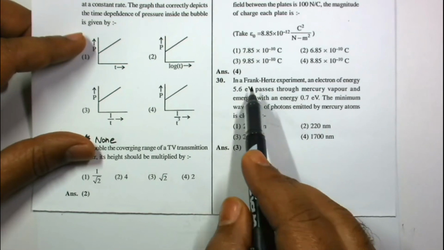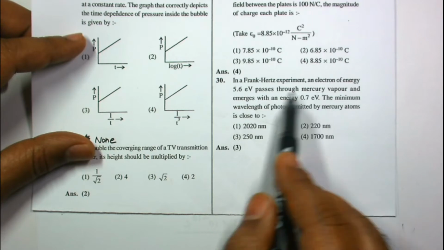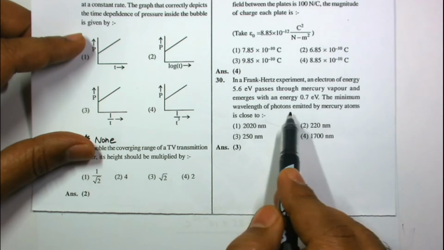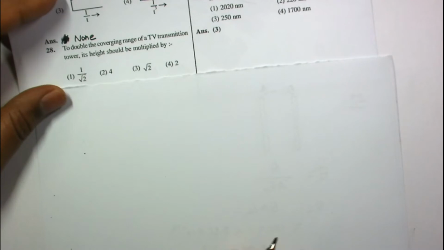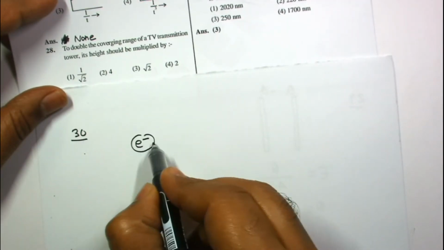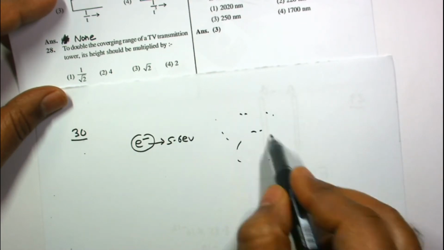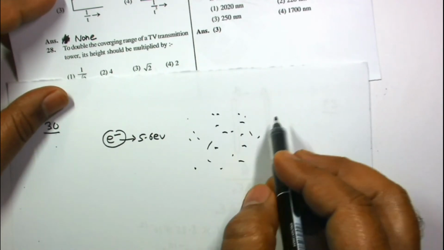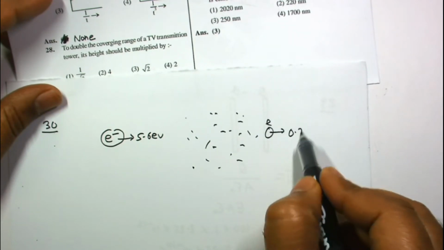Question number 30. In a Franck-Hertz experiment, an electron of energy 5.6 electron volt passes through mercury vapor and emerges with an energy of 0.7 electron volt. The minimum wavelength of photons emitted by mercury atoms is close to. So this is an electron with certain energy 5.6 electron volt, and it is passed through this mercury vapor. There will be many atoms in this mercury vapor, and the electron finally comes out with kinetic energy of 0.7 electron volt.